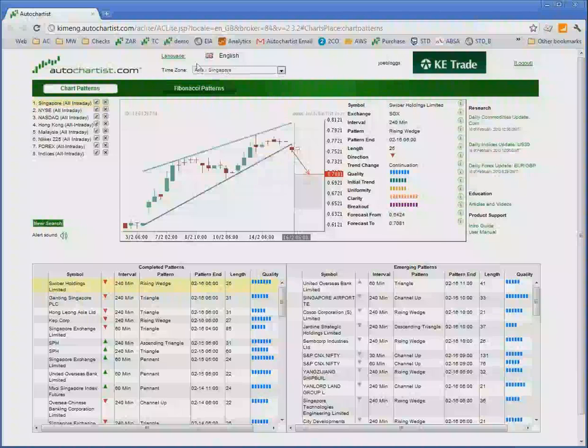You can see at the top here, there's an area where you can switch your time zone to wherever you are. It will then just refresh your view and adapt all of the pattern times accordingly. So that was about midday today, Singapore time, that we got this pattern.